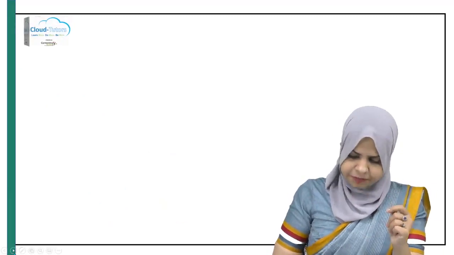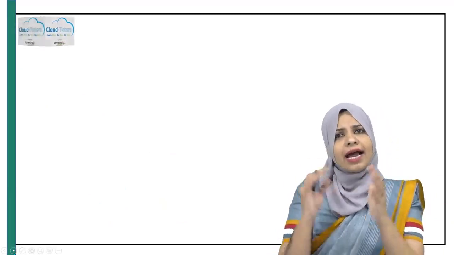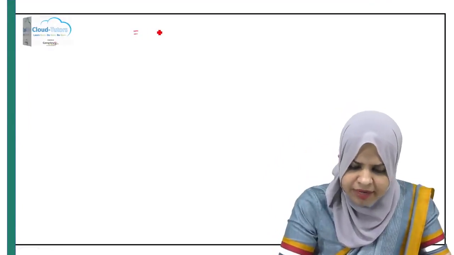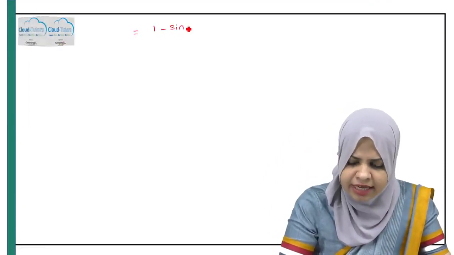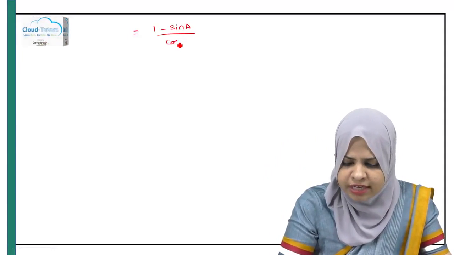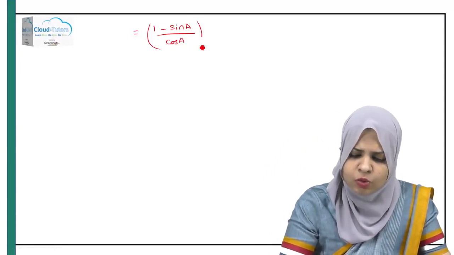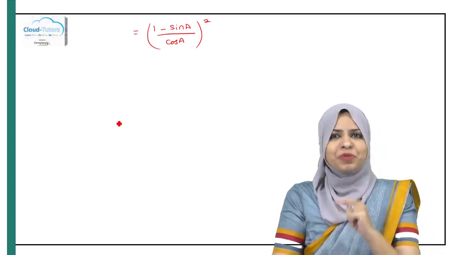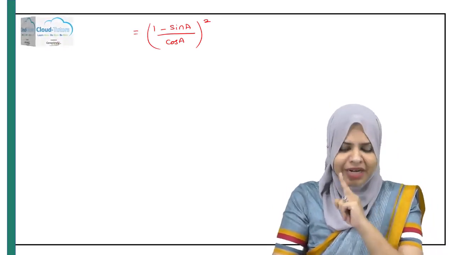So I will take this square as common to both numerator and denominator. What do I mean? I will write like this. 1 minus sin A by cos A the whole square. Now again I will split. Got the point what I mean by split here?